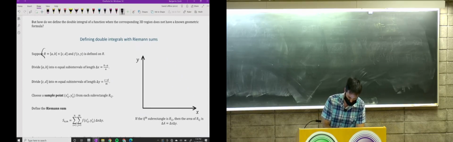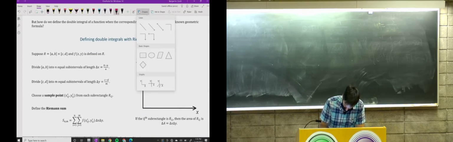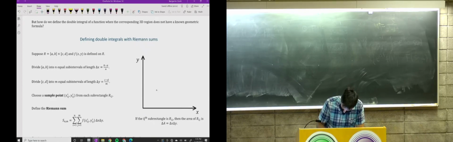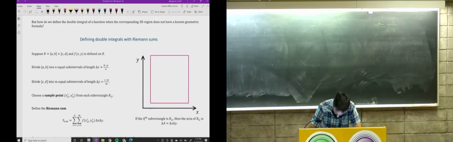Suppose we are again looking at some rectangle R in the xy plane. So let's say there's our rectangle R, and it's equal to AB cross CD.